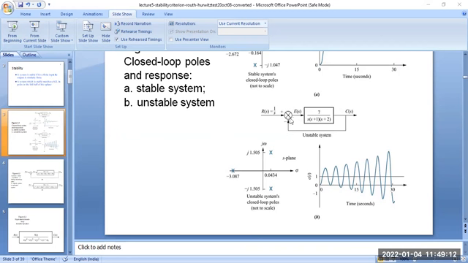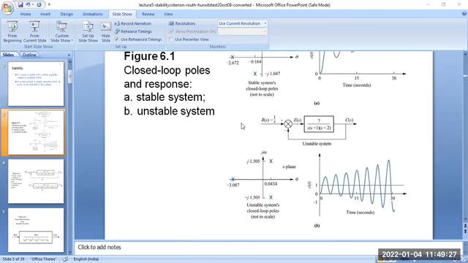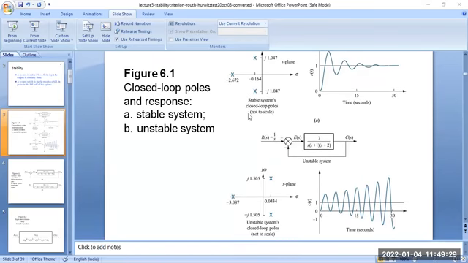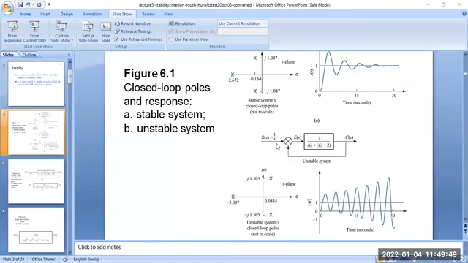This is the summing point, which is according to the input of the system, and we also have one feedback loop from here. So this is basically closed loop poles and response for the stable system and unstable system. Is it clear to all of you?